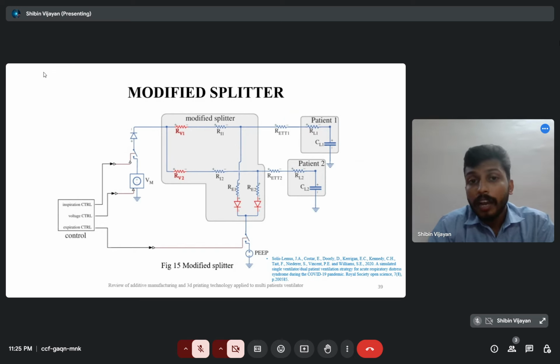They control volume and flow. Modified splitters are used for different patients with different conditions and diseases on one ventilator, to control volume, pressure, and so on. And two diodes are placed here. The two diodes control the backflow and mixing of inspiration and expiration air in the ventilator pipes.